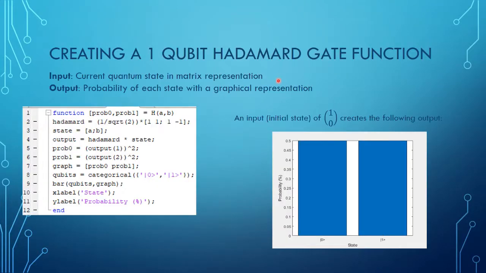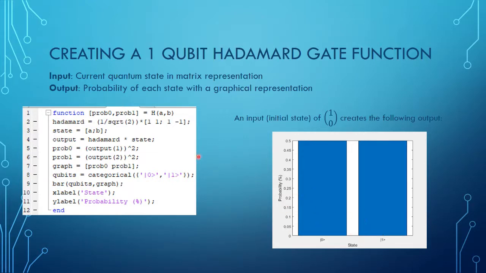The 1-qubit Hadamard gate function takes a quantum state such as [1, 0], or [1 over square root of 2, 1 over square root of 2] as input and outputs the probability of each state after it goes through the Hadamard gate. The function also plots the probability of each state by using a bar graph, as shown below.